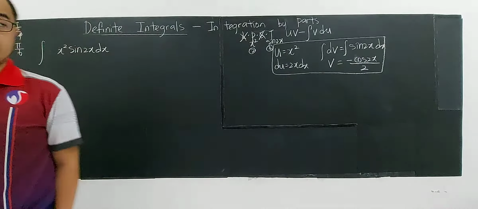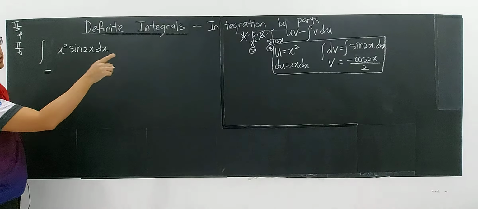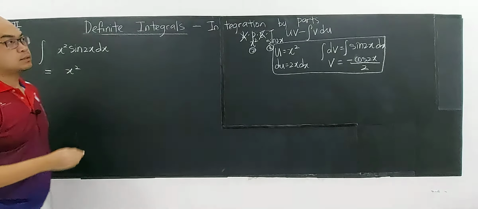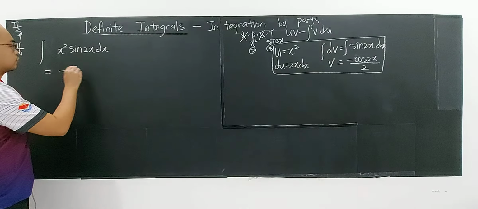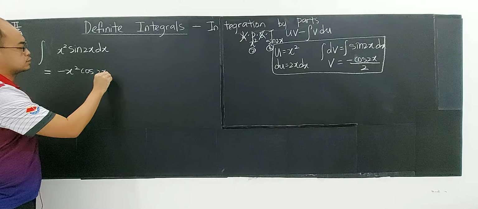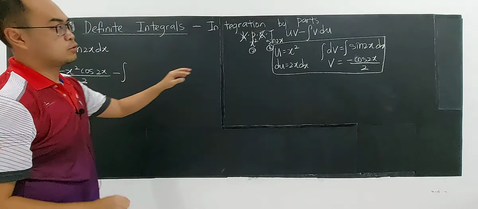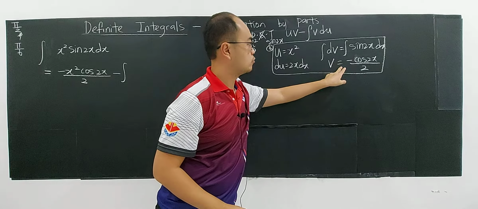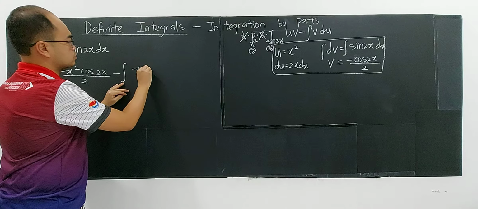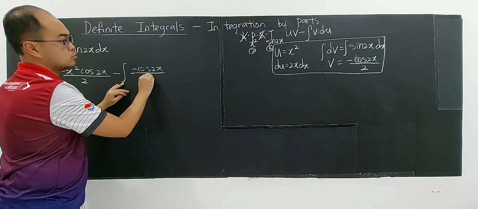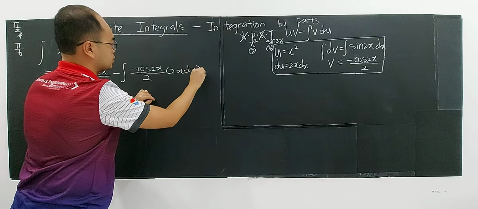Applying the integration by parts formula, uv is negative x squared cos 2x divided by 2, minus integrate v du, so negative cos 2x over 2 multiplied by 2x dx.